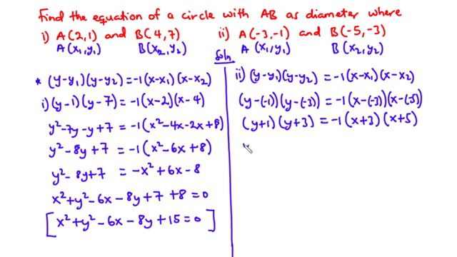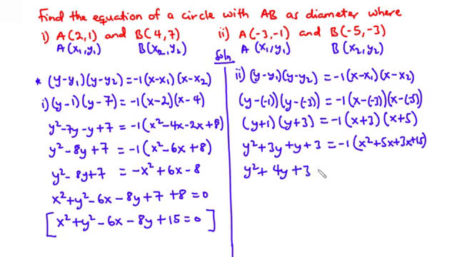So y times y is y squared, y times 3 is 3y, 1 times y is y, and then 3 times 1 is 3 equals negative 1 times x is x squared, x times 5 is 5x, 3 times x is 3x, and then 3 times 5 is 15. So we have y squared plus 4y plus 3 equals negative 1 times x squared plus 8x plus 15.